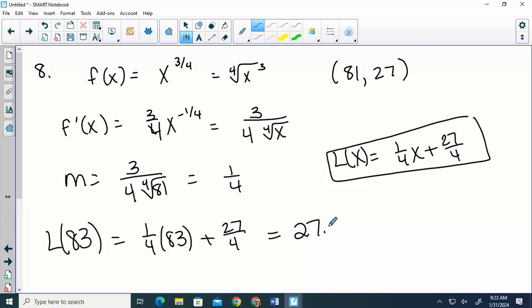So 27.5. So linear approximation: essentially, write the equation of the tangent line, and then we plug in that value.